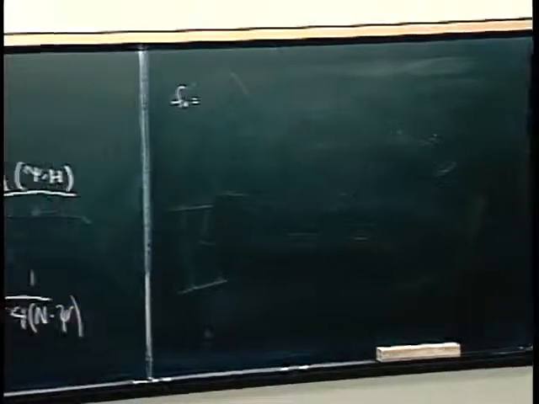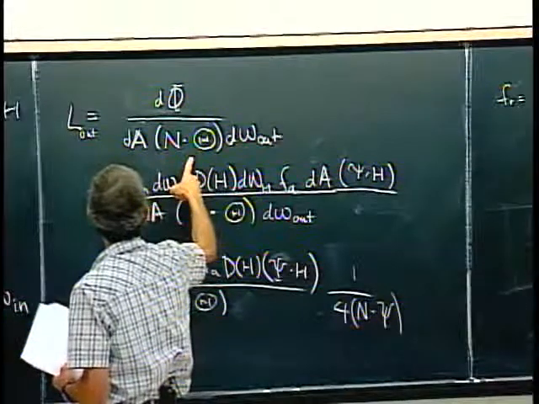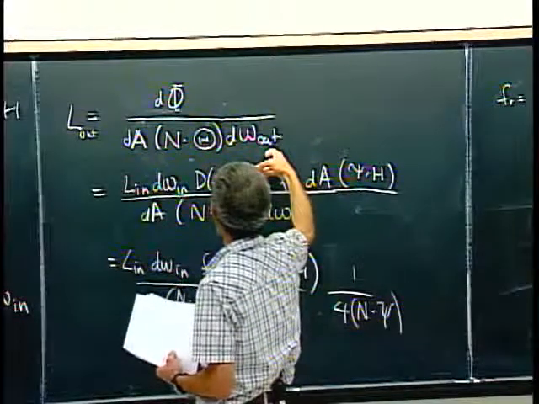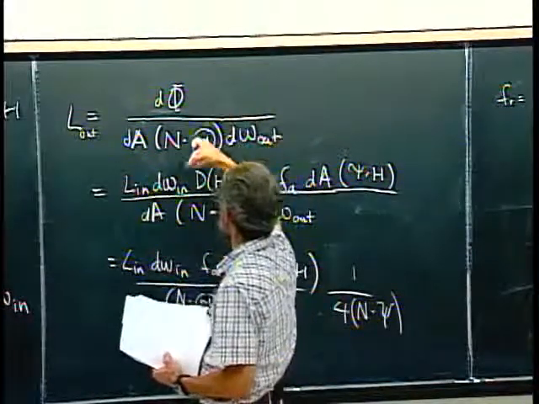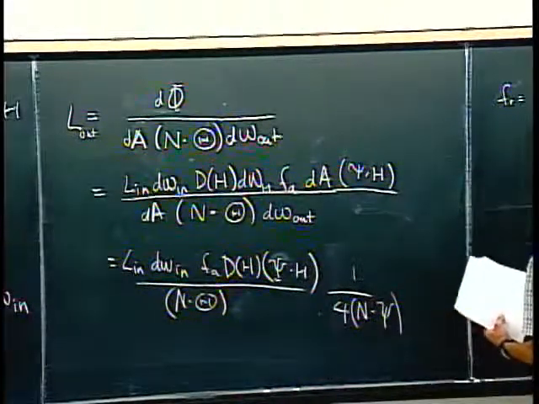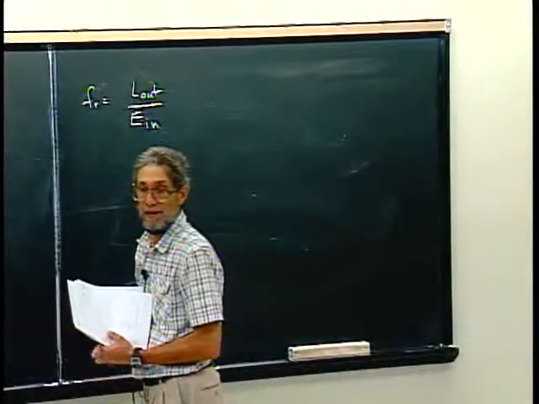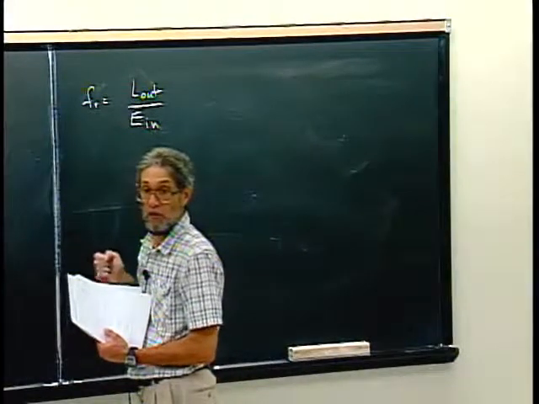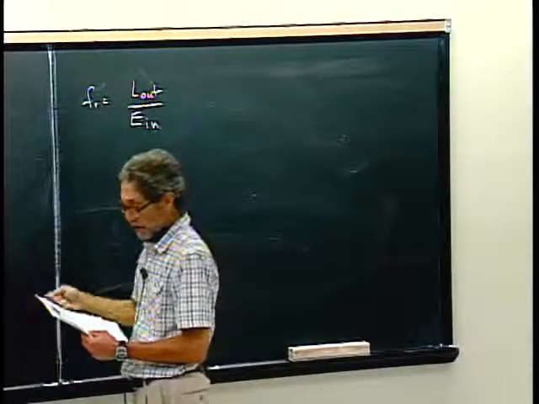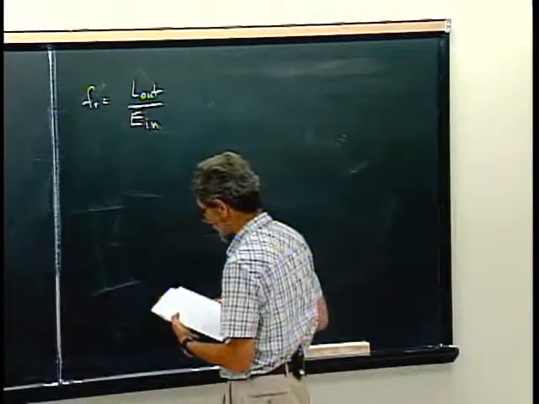No. L out is flux per unit area normal to the beam. FR is L out over E in. Right? Because the definition of a BRDF is what you have to multiply by the irradiance to get the radiance out. So in order to find the FR, I still have to divide it by E in.